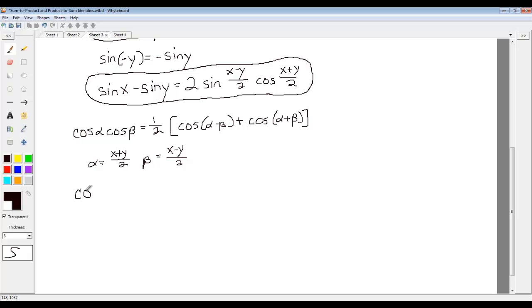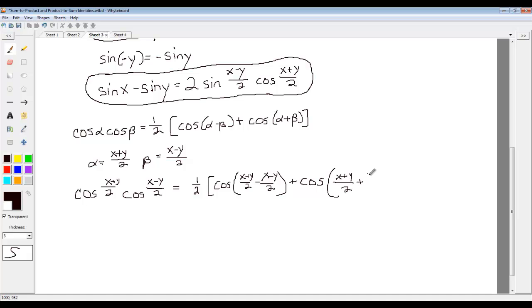So you have cosine of x plus y over 2, cosine of x minus y over 2 equals 1/2 cosine of x plus y over 2 minus x minus y over 2 plus cosine of x plus y over 2 plus x minus y over 2.